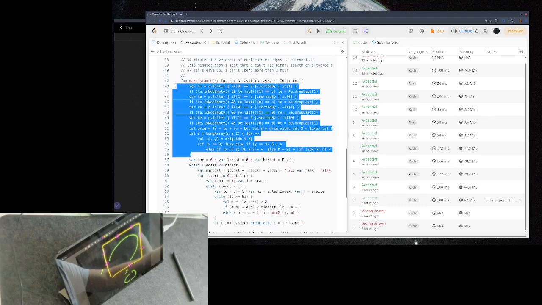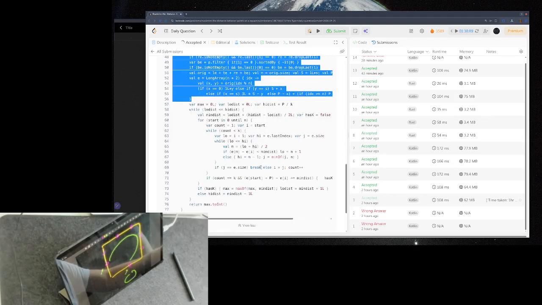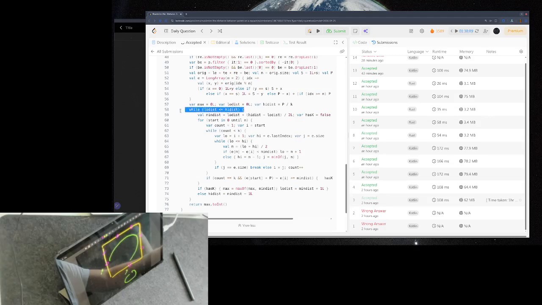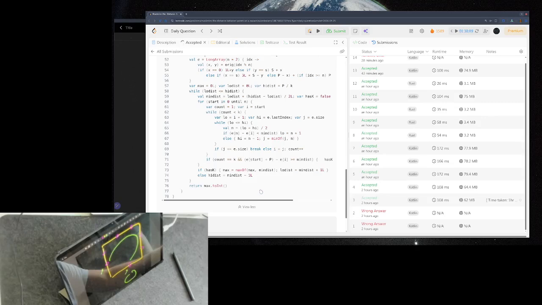So it's kind of an ugly solution, but it was accepted. Now inside I use this binary search outer loop, then I find the perfect starting point, and then I use a while loop to count how many points I can take, and inside this while loop I use binary search to find the next point. So it's kind of trivial.